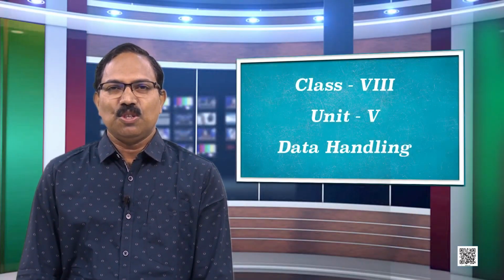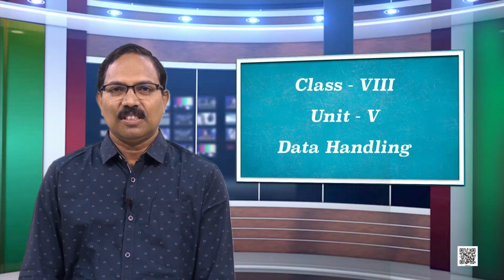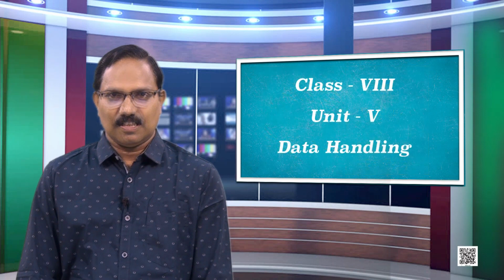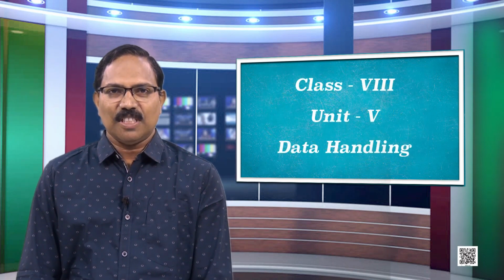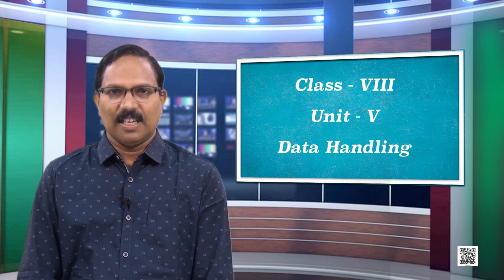Students, where do you see such information? Yes, in newspapers, in TV reports, in annual reports of various companies or bulletins of government agencies. Such information collected from various sources is called data.